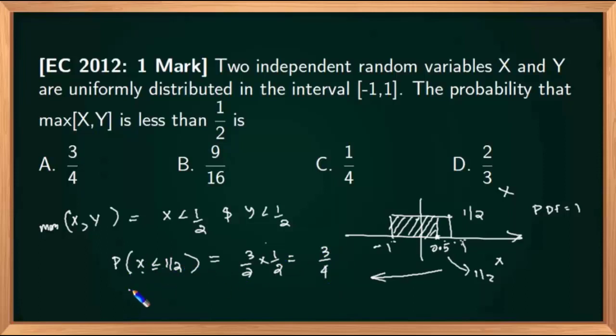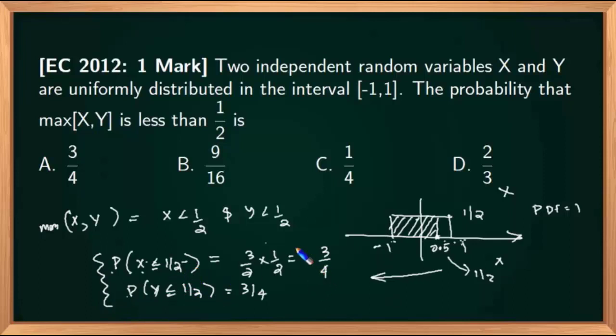Now y also has the same probability, because when I go for finding P of y less than or equal to half, that value must also be 3/4 because both x and y follow the same function. Now I have to find the simultaneous occurrence of these two conditions: x is less than half, and y is also less than half.